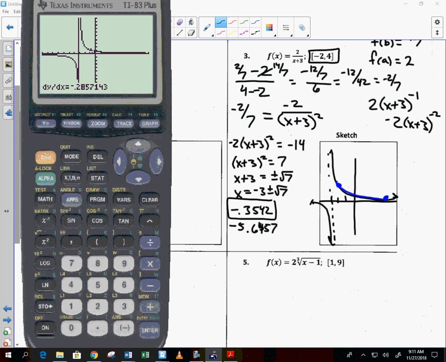And it says the slope is negative 0.2857143. Is that negative 2/7? It is. If you took negative 2 divided by 7 on your calculator, you'd find, sure enough, it is. So that's another way to verify your answer.